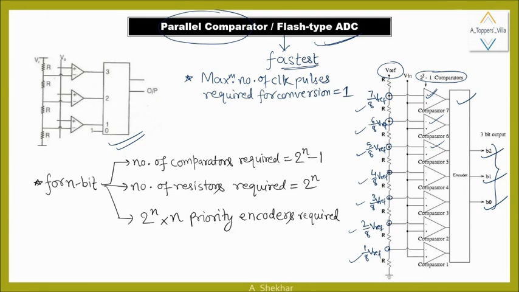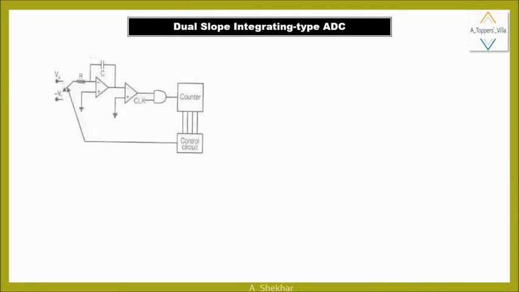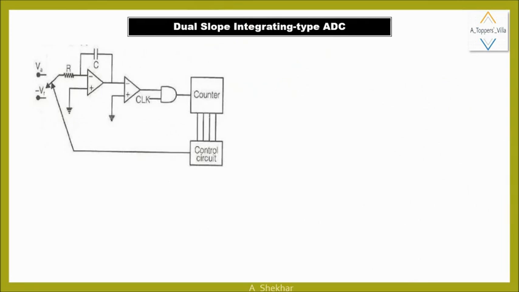So now let us move on to the next type of ADC, that is dual slope integrating type ADC. Here it is the most accurate but slowest ADC. Here you can see in this diagram that an integrating portion is present, and here all the ripples and noise are separated or compressed by this capacitor.